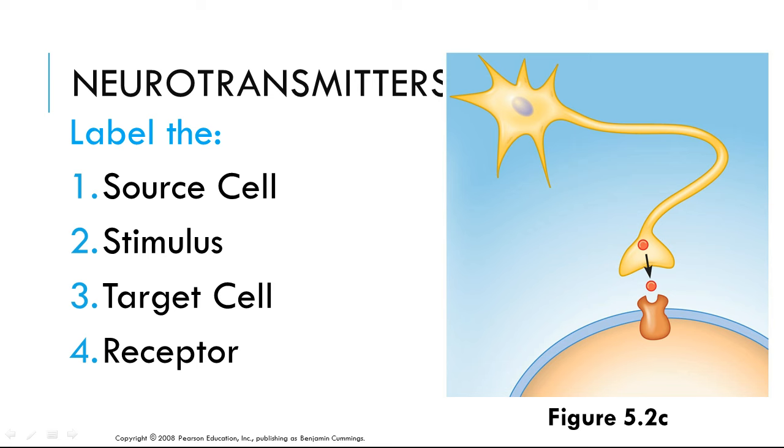Does anybody know the name of that space? The synapse is the whole thing, and the space between would then be called the synaptic cleft. But yeah, that would work.